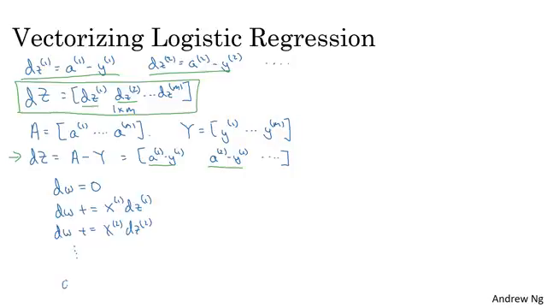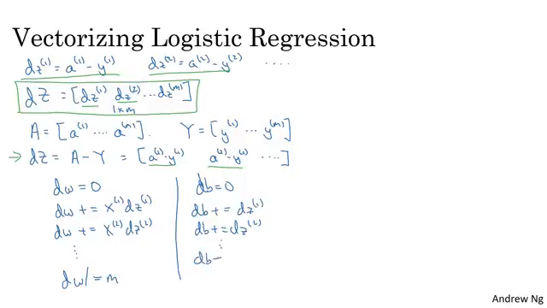So we do this m times, and then dw divided by m. And similarly for b, right? db was initialized as 0, and then db plus equals dz1, db plus equals dz2, down to dzm, and then db divided by m. So that's what we had in the previous implementation.